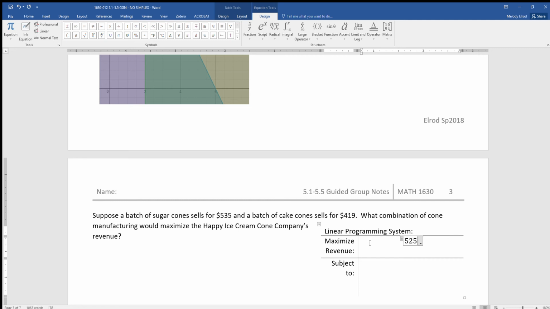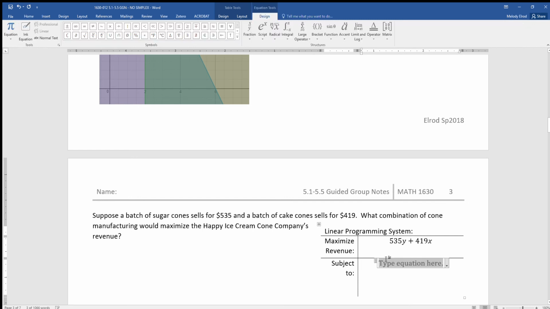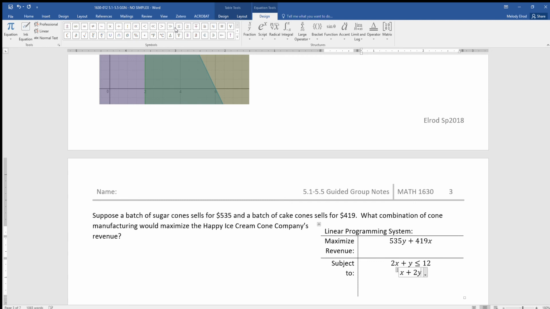All right, so if I want to maximize revenue, what I'm really trying to maximize is 535 times y plus 419 times x, right? Subject to all of those constraints that I just brought up, right? So those constraints were, I had 2x plus y less than or equal to 12. I had x plus 2y less than or equal to 12.